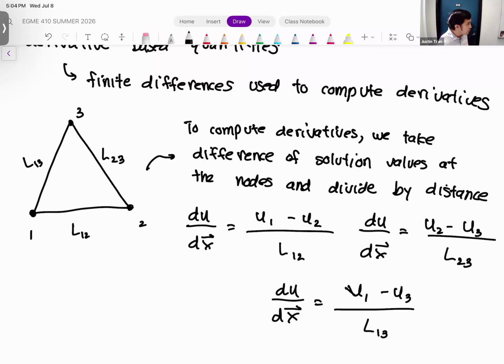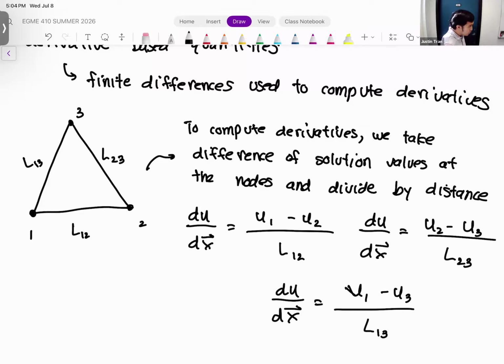I am vastly oversimplifying this for now, and so if you've been exposed to finite differences before, I think Dr. Banks goes over finite differences in his heat transfer class, and so I know this isn't fully the finite element theory, but I just mostly want to make a point across here.